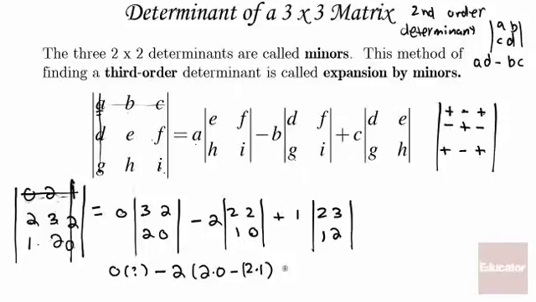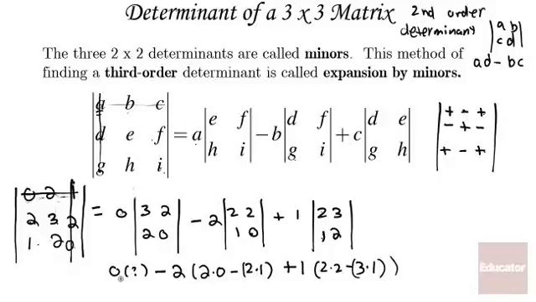Plus 1 times this determinant, which is AD, 2 times 2, minus BC, minus 3 times 1.